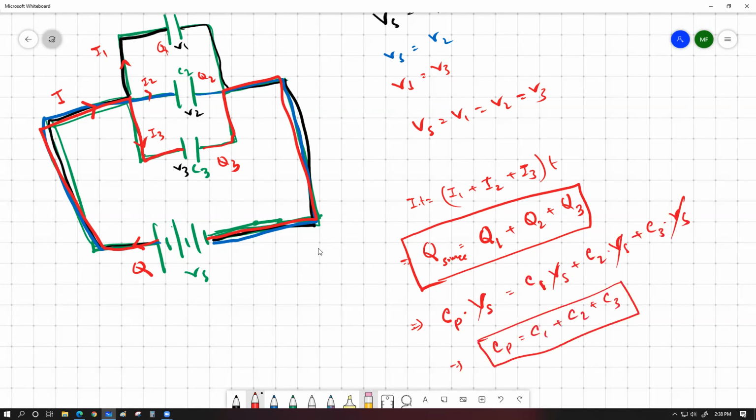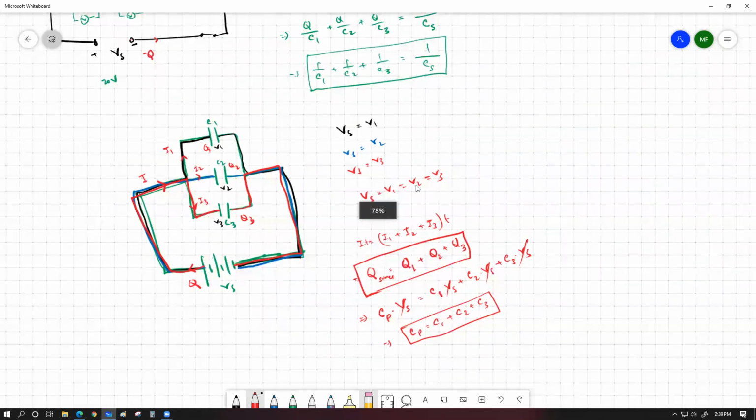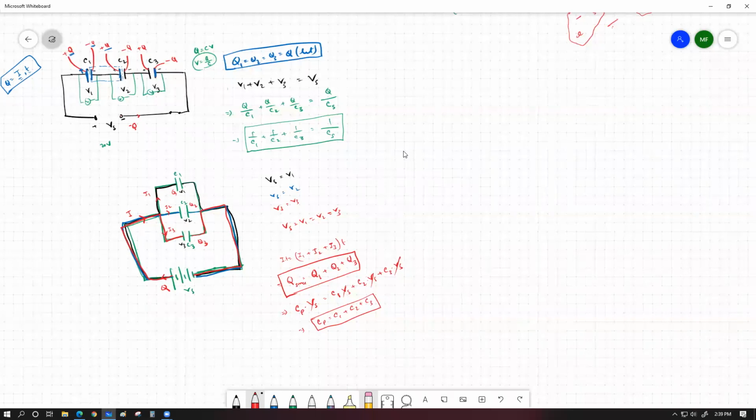For resistors, the series combinations are addition and the parallels are inversed. But for capacitance, the series combinations are inversed and the parallel combinations are addition. Remember it that way, as just opposite to the resistor formula, and that would save you a lot of trouble. And the idea of the distribution of charges is also very important.